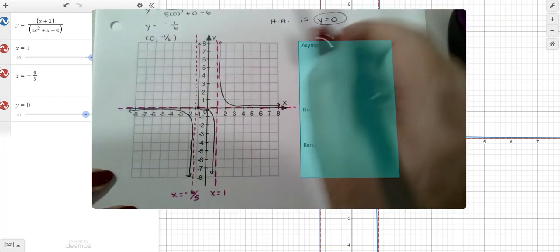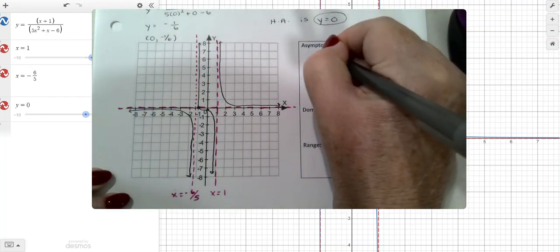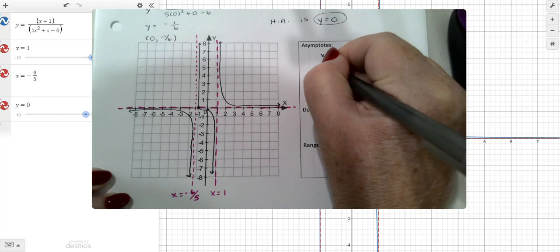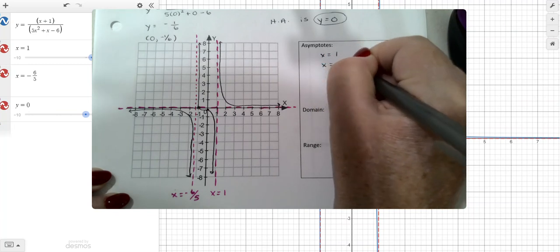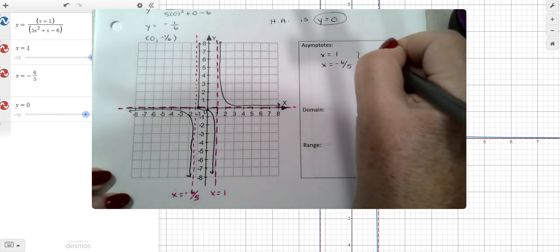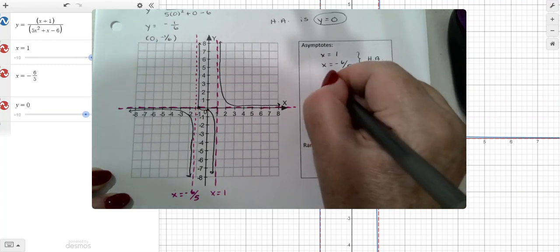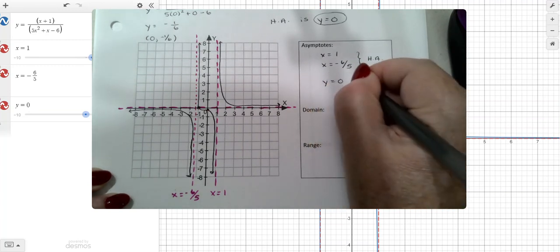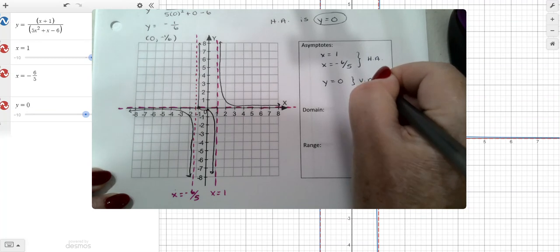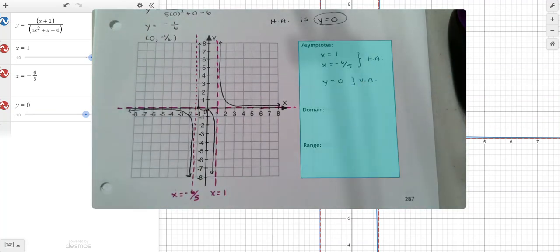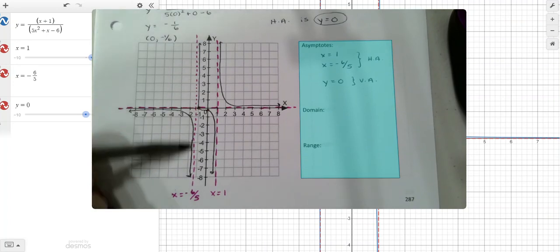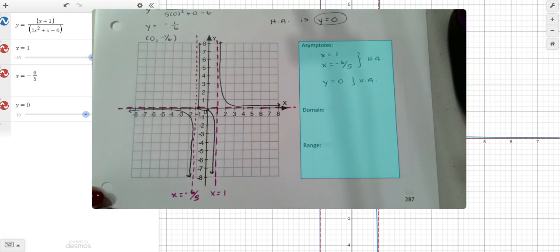I'll list the asymptotes, x equals 1 and x equals negative 6/5, my vertical ones, and y equals 0, which was my horizontal one. As far as the domain, we know that the domain has to omit the vertical asymptotes.